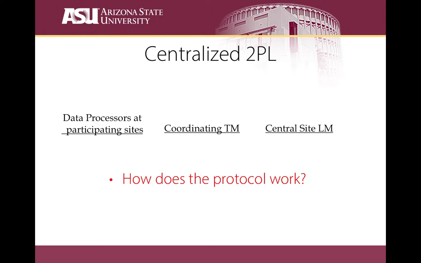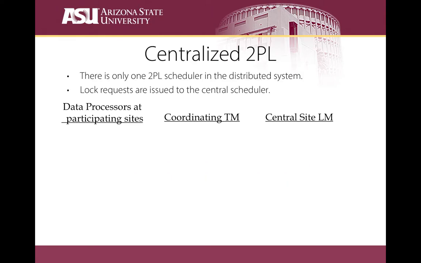So this site receives the transaction, it originated here, and you'll have a coordinating transaction manager running there. And the lock manager, let's assume it's centralized, which means you have one site that keeps track of all the locks. In that case, how can the transaction management work? What do you guys think?